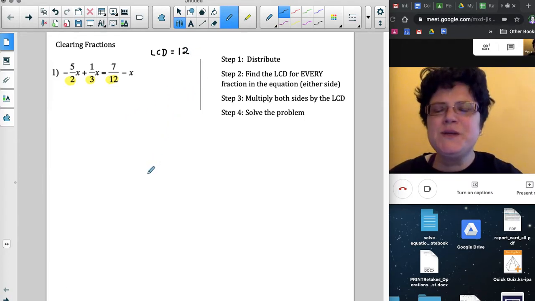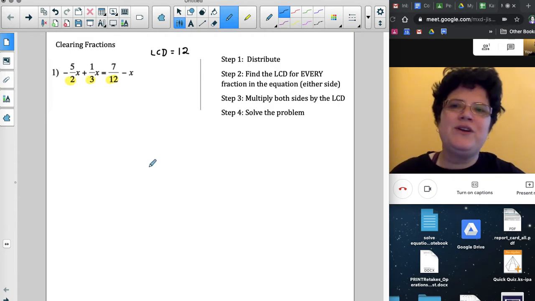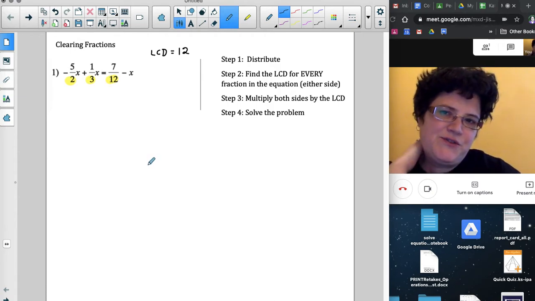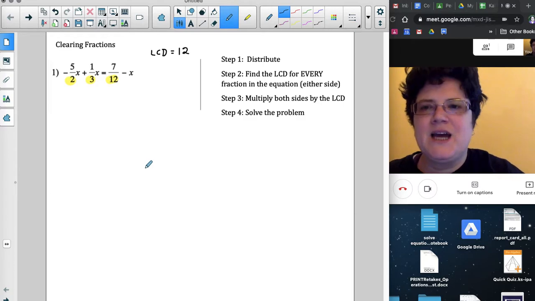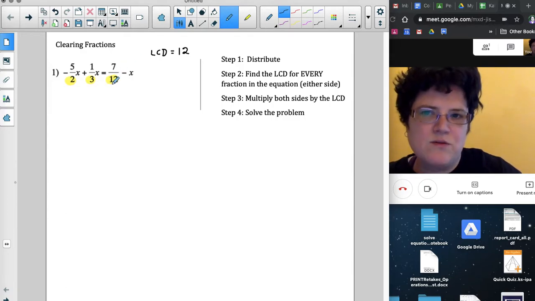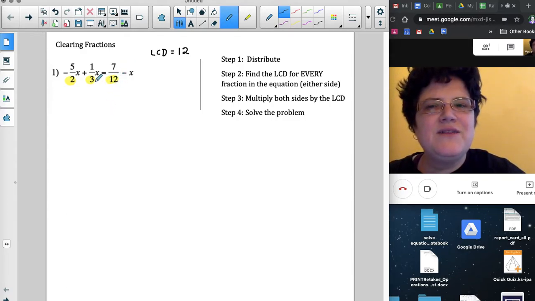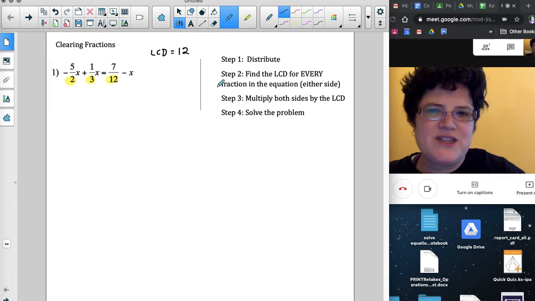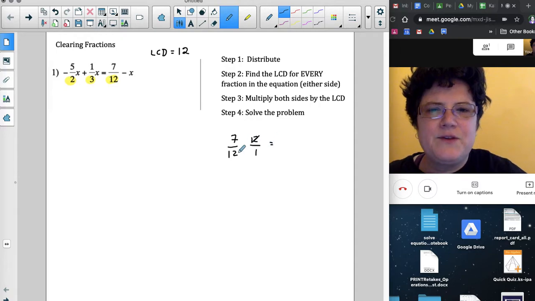And so here's what I'm going to do with that. I would like to figure out some number, this 12, that if I were to multiply 7/12 by 12, the 12s would cancel out. Let's think about that for a second. If I multiplied 7/12 by 12 over 1, those 12s will cancel out.